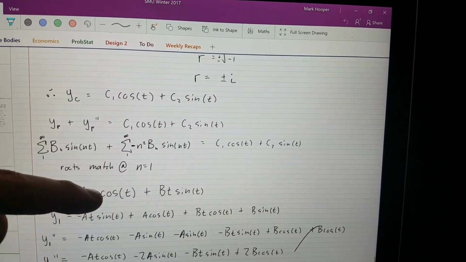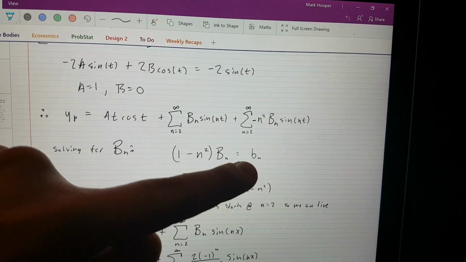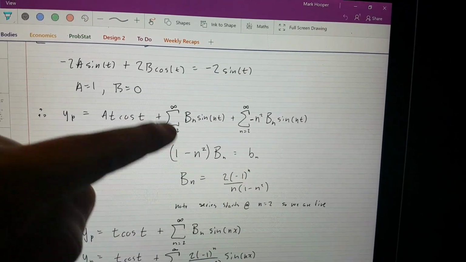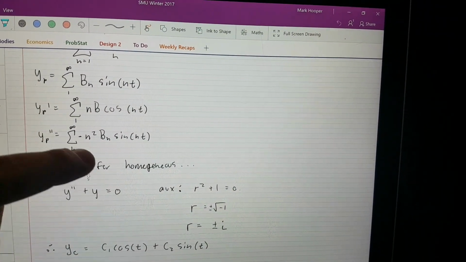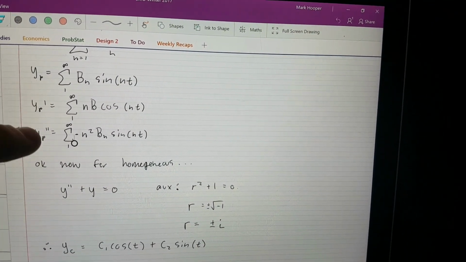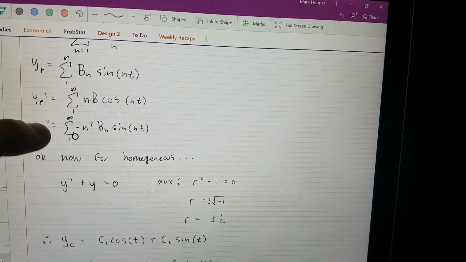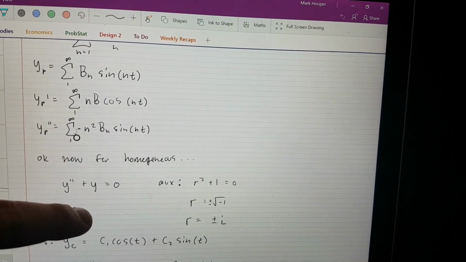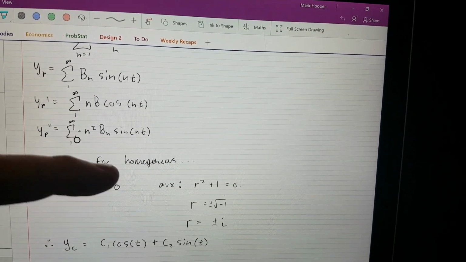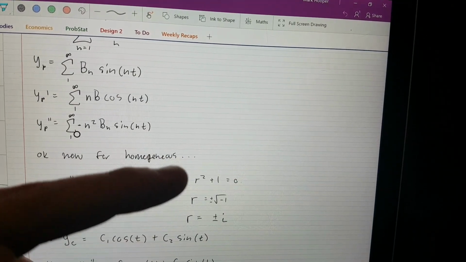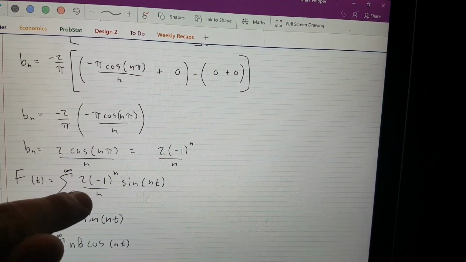And then you should calculate your capital BN. So your capital BN is basically going to be whatever these work out to be when you do the derivatives. So this plus this is like your differential equation, right? And it has to be equal to the Fourier series. So if your Fourier series over on the right hand side was this one, right?